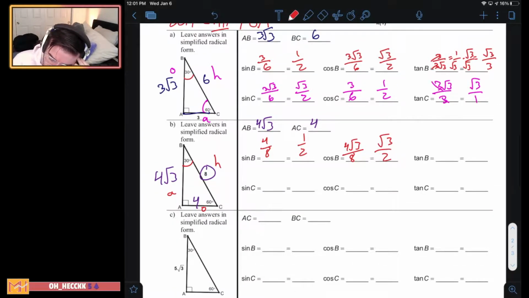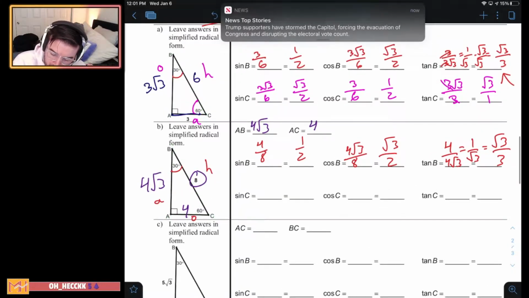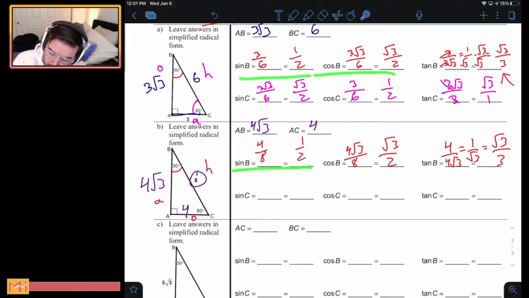And tangent of B, opposite over adjacent, 4 over 4 root 3, which reduces to 1 over root 3, which we already did up here. So root 3 over 3. So despite the triangle changing size, sine and cosine remained the same, right?